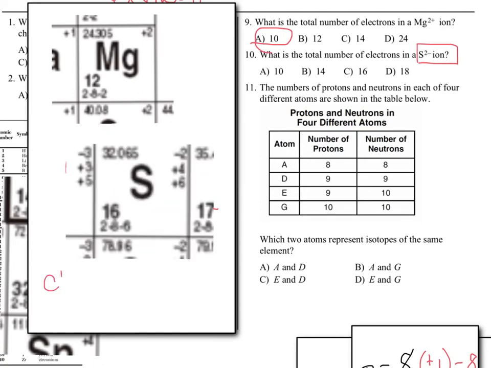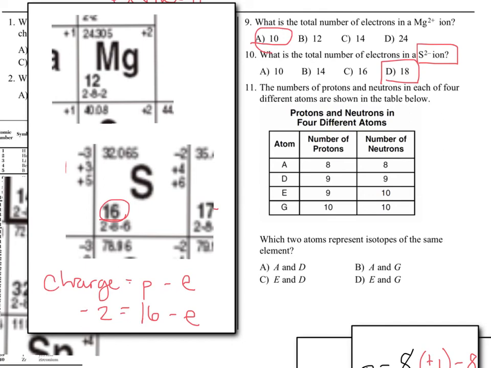Okay, for this sulfur ion, again, the charge is the number of protons minus the number of electrons. Every sulfur atom has 16 protons. We're unsure of the electron number, so we'll just leave it as a variable. And the charge is indicated as -2 or 2-. When we solve this, we see that a sulfur ion has 18 electrons.